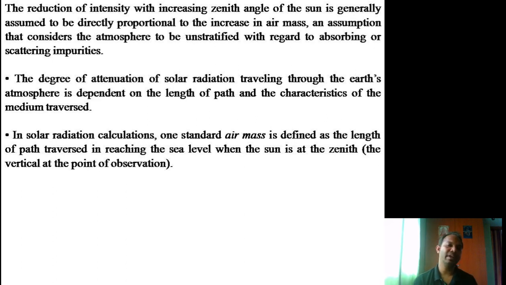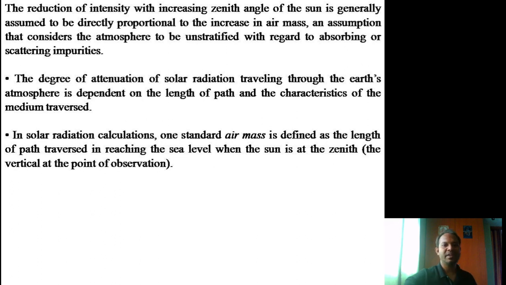It is only because solar radiations falling onto the Earth's surface, as we discussed in the first module, are subjected to a lot of disturbances, that is, scattering, absorption, and transmission. In that case, we just make an assumption that the atmosphere is unstratified with regard to absorbing or scattering impurities.